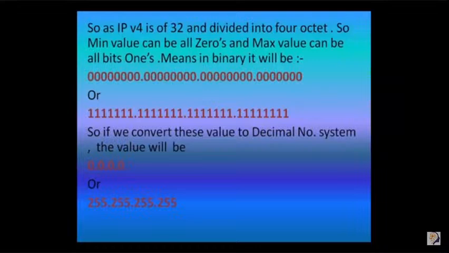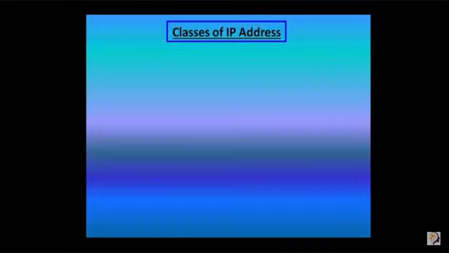Okay. Next, and most important, are the different classes of IP. A class is identified based on the first octet of an IP. If you remember, there are 4 octets in an IP. The class is always identified on the basis of the first octet. What is the value of the first octet?